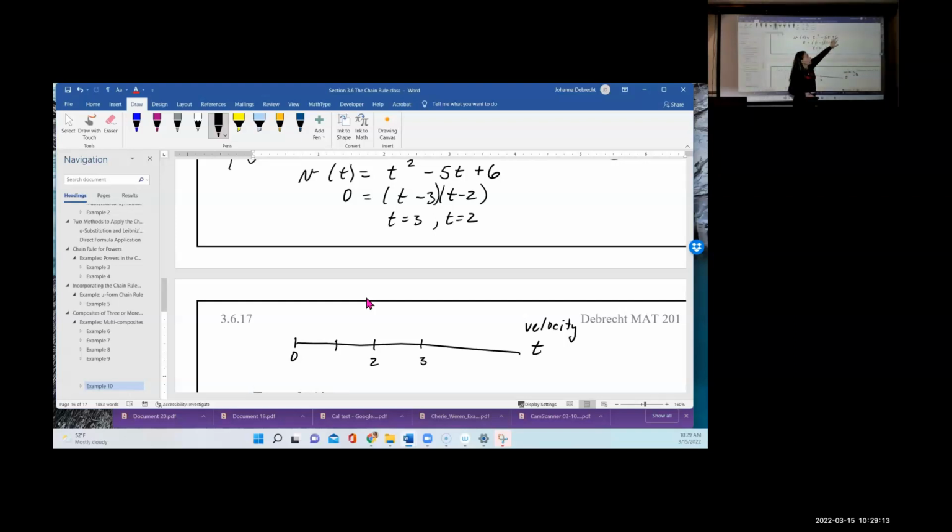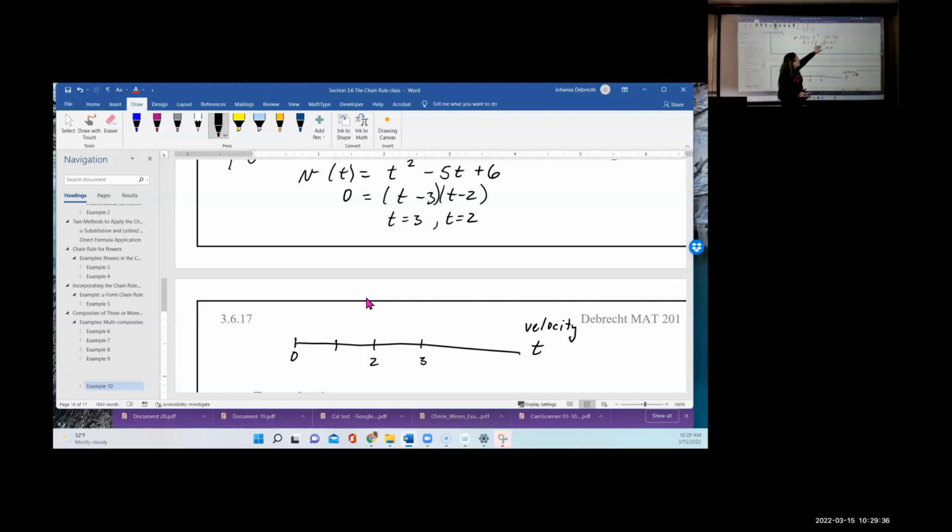You can either plug it into the original trinomial or you can plug it into the binomial where they're factored. I find it easier to plug it into the binomial where they're factored because all I really care about is not the value, not the number, but the sign. Is it positive or is it negative? I need to know, is the velocity positive or negative?